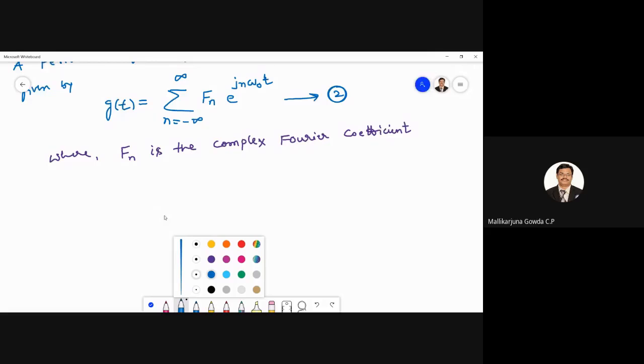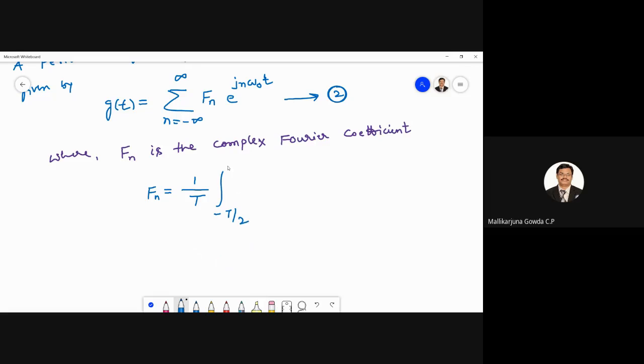So these are the basic things which you have learned in mathematics, even in other subjects also. See, the complex Fourier coefficient Fn is defined as Fn equal to 1 by T integral from minus T by 2 to T by 2 of g of t into e power minus j n omega naught t dt.